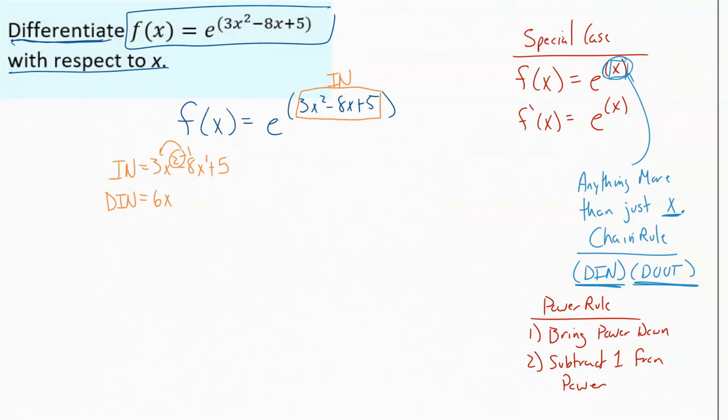There's an unwritten 1 on that x, so we bring that down, multiply it by the negative 8, and we get negative 8. Subtracting 1 from the power gets us x to the 0, and anything to the 0 power is always 1, so we get negative 8 times 1, which is just negative 8. And the derivative of 5, a constant, is always 0.